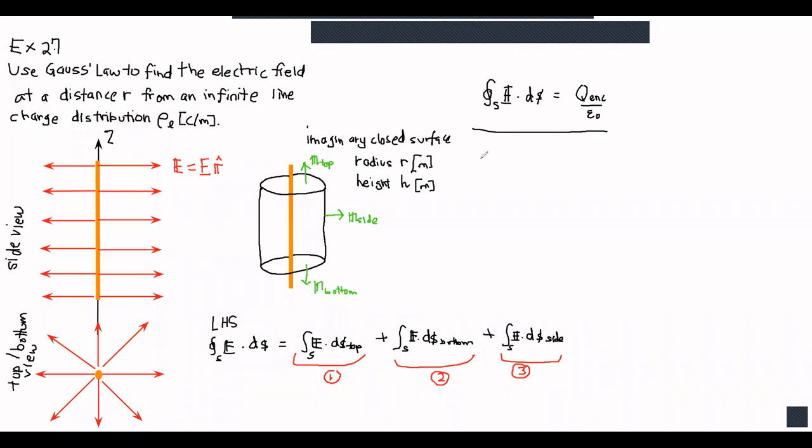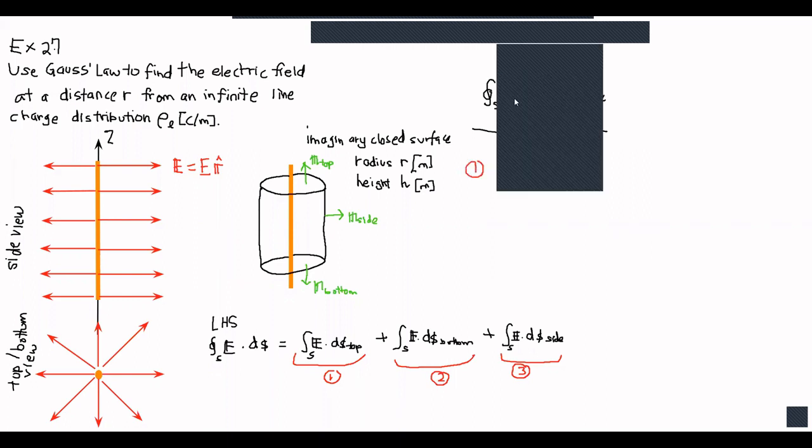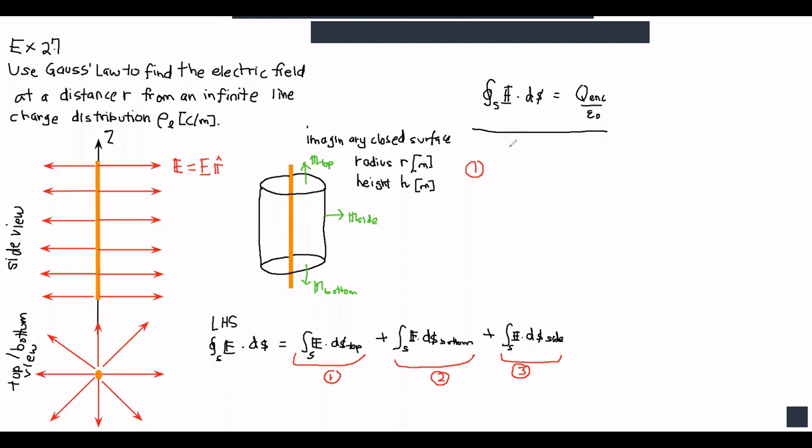For number one, we have the top surface. We already know that the electric field is in the r direction.